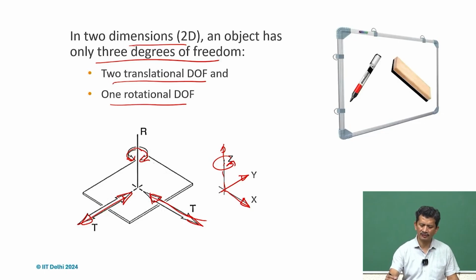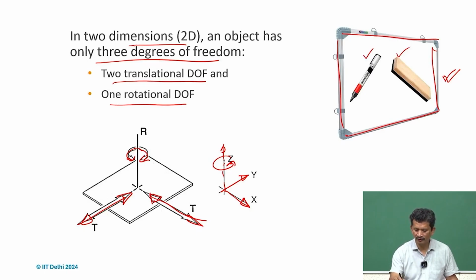For instance, just for illustration, I put this picture of a whiteboard, which provides the planar surface to these 2 objects. We have the marker and this duster, or what we can call the wiper.